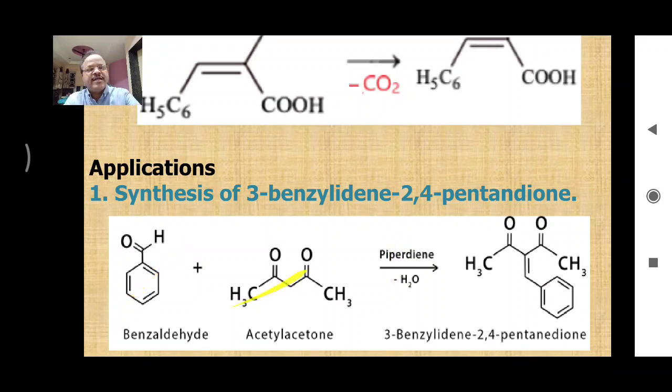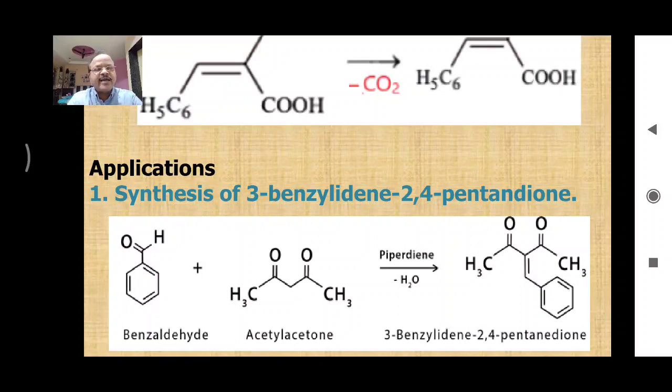This benzaldehyde undergoes condensation with acetyl acetone. Here there is a CH2 group, that is active methylene group, or the two hydrogens of that CH2 group can be removed in the form of H plus ions as they are acidic.